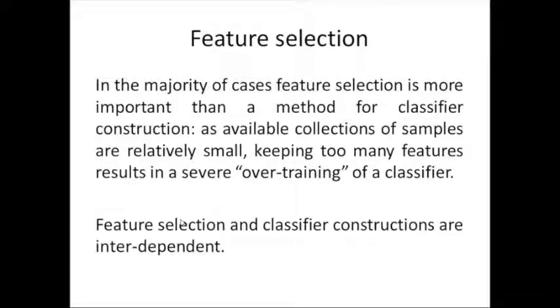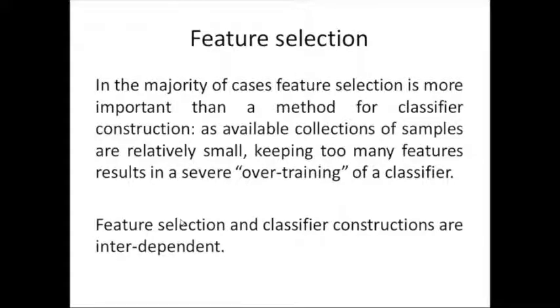So it turns out that feature selection is even more important than the method for constructing a classifier. Yet there are no standard ways for efficient feature selection.